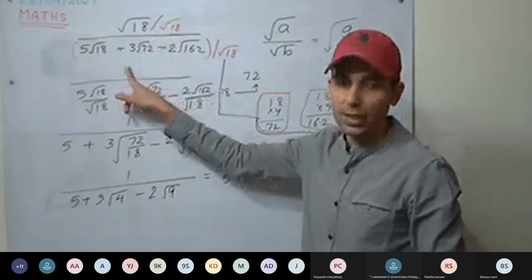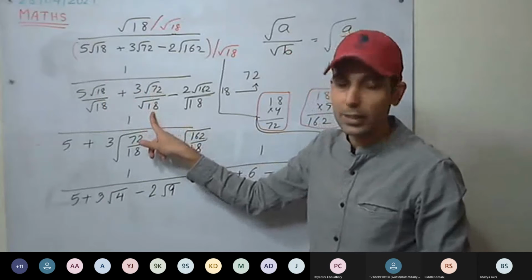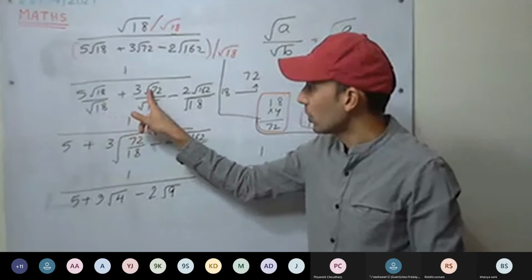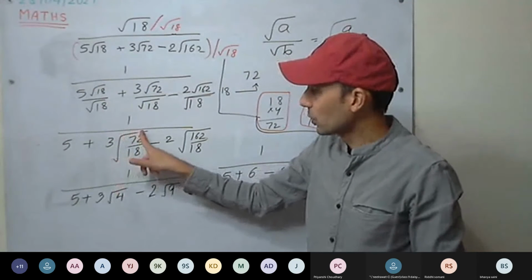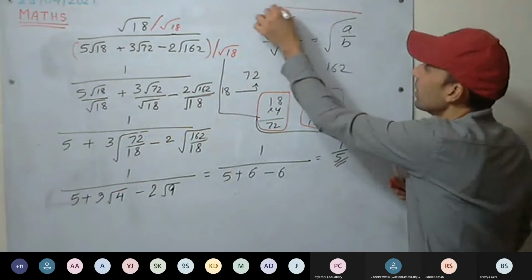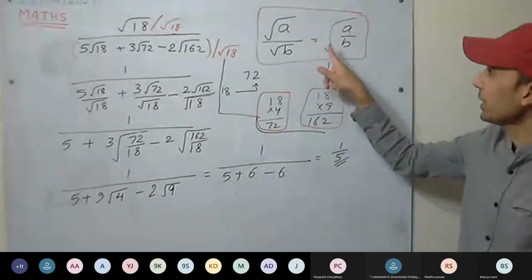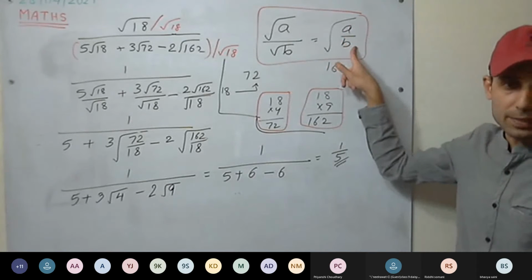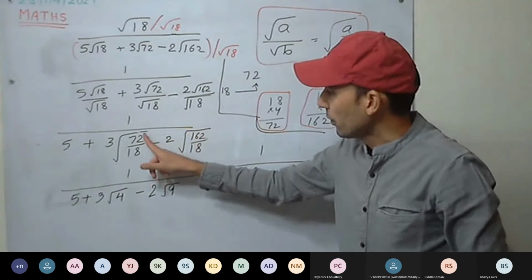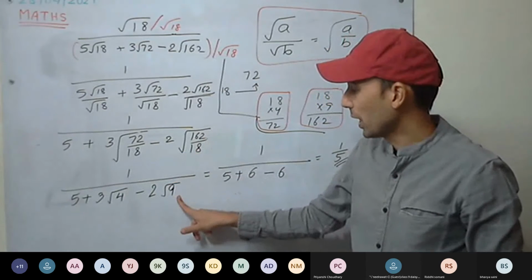Root 18 divided by root 18 is 1, 5 root 18 divided by root 18 gets cancelled, and 3 root 72 divided by this one, and similarly here. Root 72 divided by root 18 can be written as root of 72 divided by 18. This is the property we already studied: root of a divided by root b can be written as the complete root of a by b. So 18 into 4 gives root 4, 18 into 9 gives root 9.